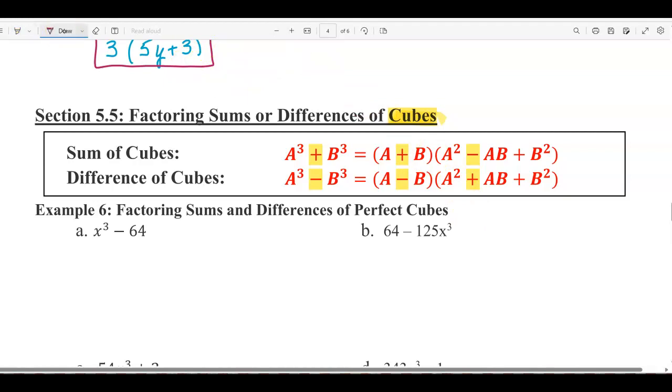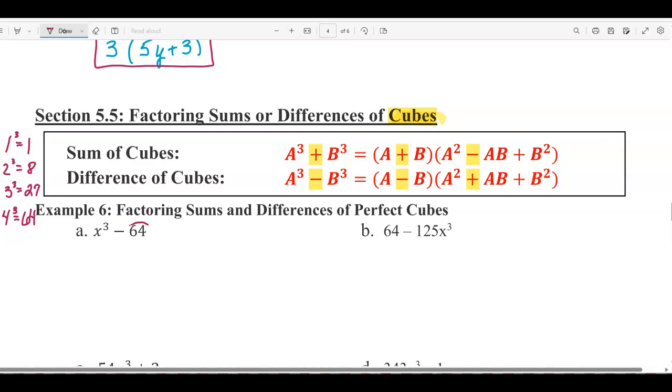So first let's talk about our cubes, and let's go to the side. I want to list out some of the cubes that we may be working with. So we'll start with 1 cubed. We know that simplifies to 1. 2 cubed, 2 times 2 times 2 is 8. 3 cubed is 27. 4 cubed, 4 times 4 is 16, times 4 is 64.